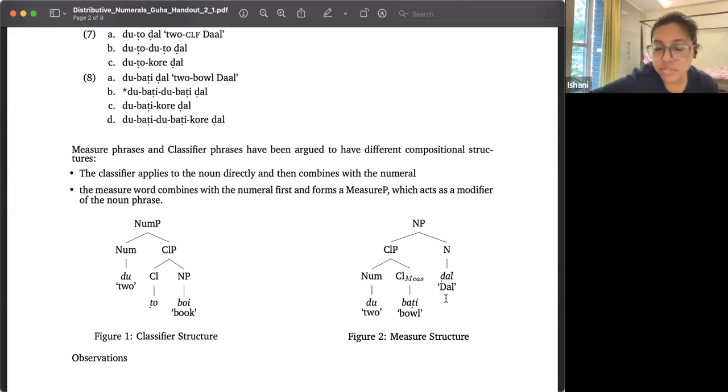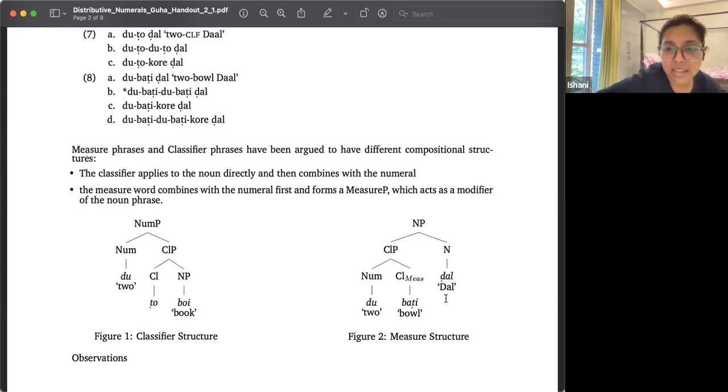Okay. Whereas on figure 2, what you have is you do not have a suffixation structure as such. Okay, so you have the measure phrase, which is a modifier. Okay, and so reduplication applying on it doesn't really get its morphological criteria satisfied.